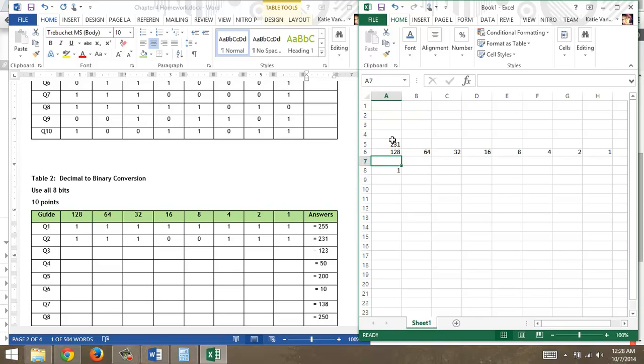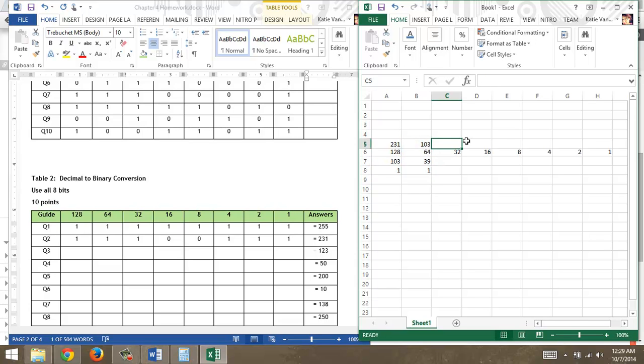Now what I need to do is perform that calculation. 231 minus 128 equals 103. So now I say, can I take 103 minus 64 without going negative? I'll do it the long way. 103 minus 64, I can do that, so that becomes a 1.